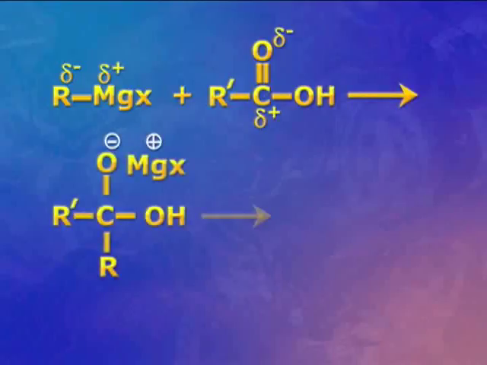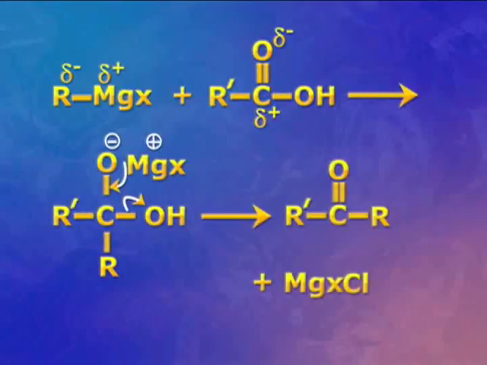Similarly, RMgX, that is a Grignard reagent, plus R-COOH, that is a carboxylic acid, gives rise to R-COR single bond OH. When again treated with Grignard reagent, it gives rise to R-COR, which is a carbonyl compound, plus MgXCl.